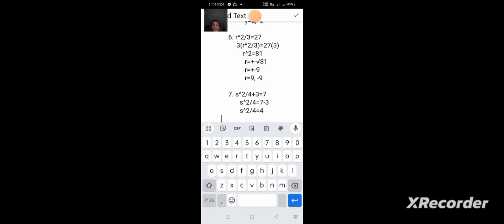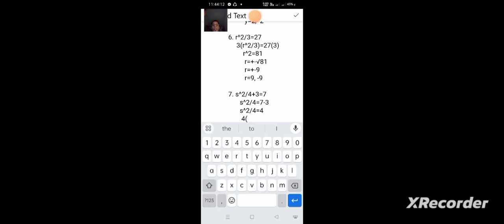Okay, multiplying 4 to both sides of the equation becomes 4 times the quantity s raised to 2 divided by 4 is equal to 4 times 4.